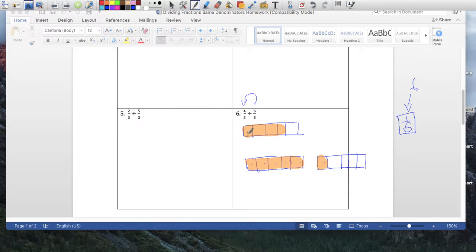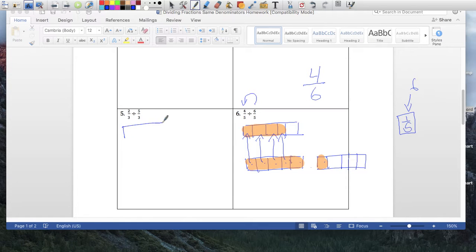Well, I can't make a group of 6 out of 4. But this can fit in here, this one can fit in here, this one, and this one. So out of the 6 that I was trying to fit in those 4 spaces, I wasn't able to put all 6, but I was able to put 4 out of the 6 that I originally wanted to put in.